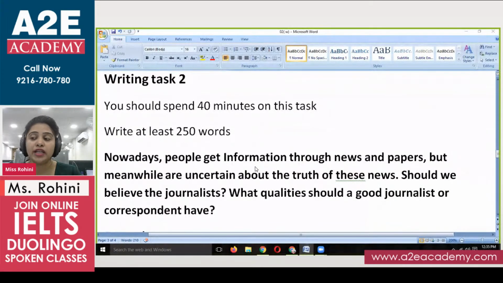So try to listen to me very carefully because I'm reading a question and at the same time I'm paraphrasing it. Okay, I'm repeating. वहाँ पे nowadays लिखा है. I'm replacing it and using the word contemporary era. You can use other words also. You can use in these days, in the present days, in the modern days, in the contemporary era. People get information through news and papers. That means news and papers are the ultimate source of information.